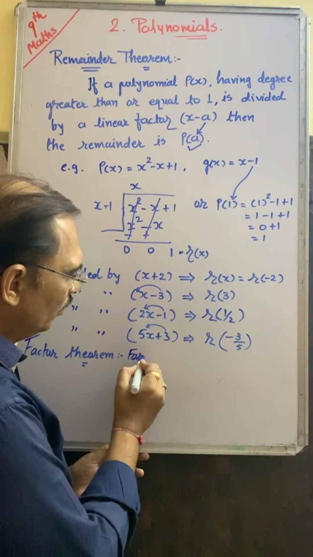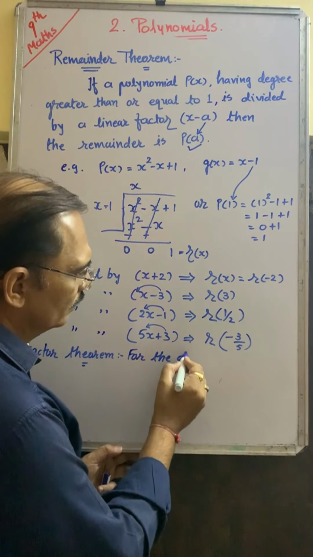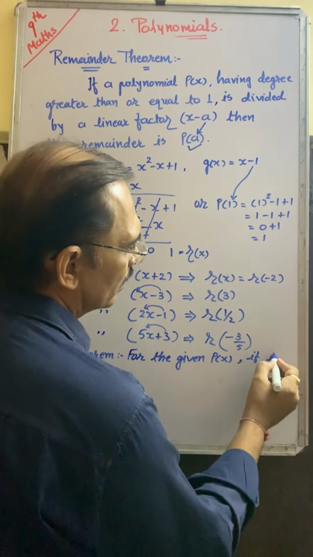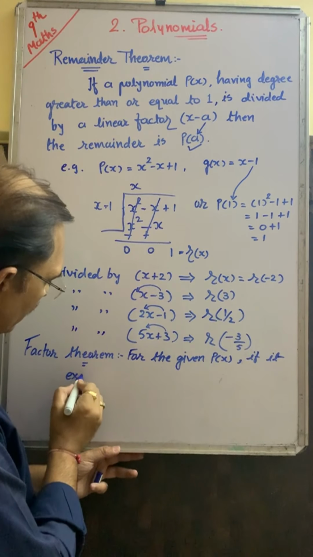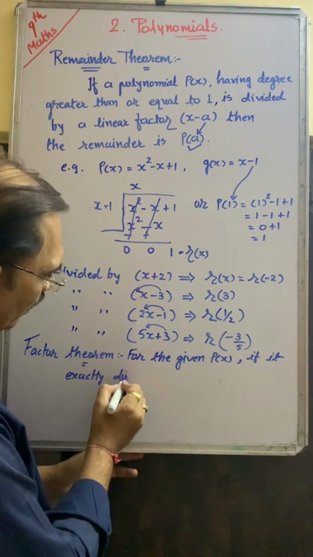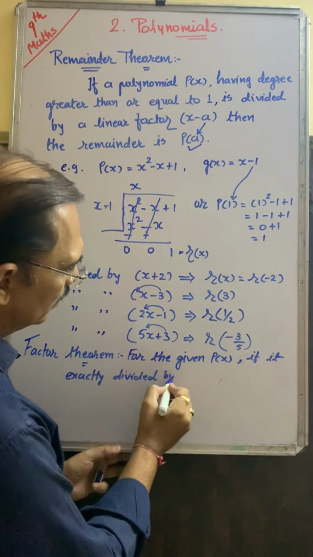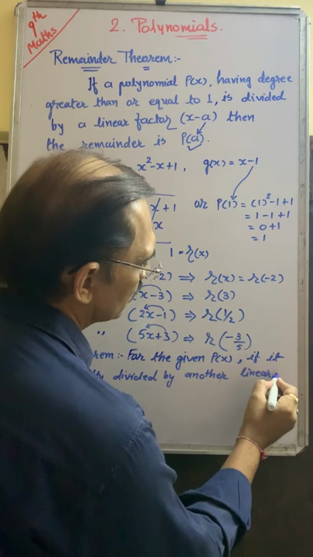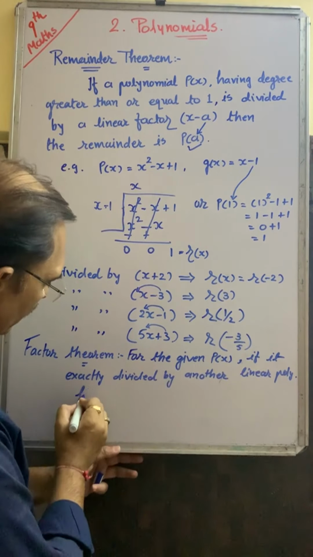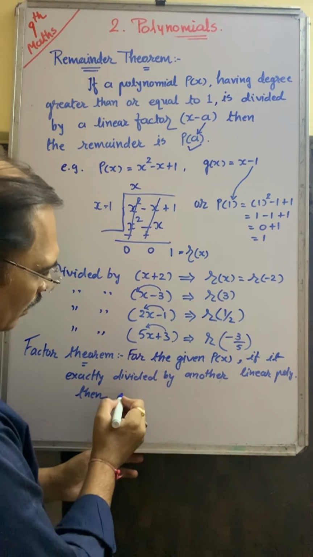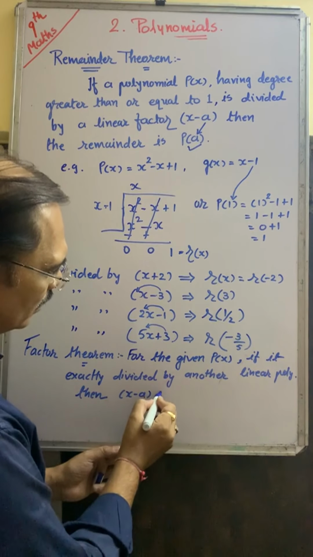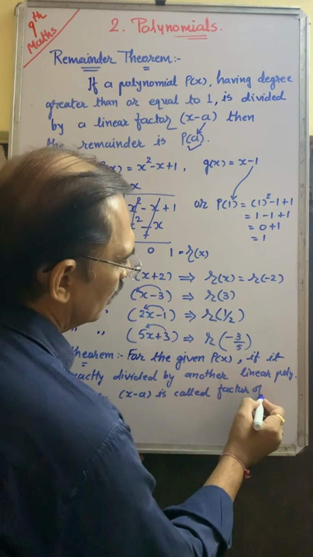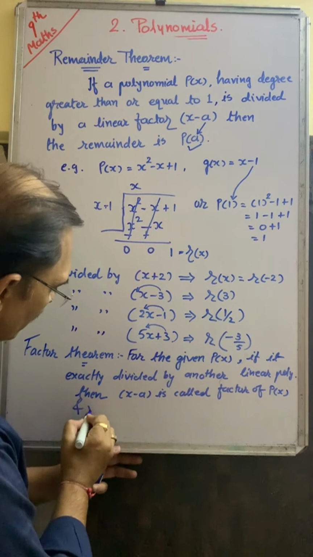Means for the given polynomial, if it is exactly divided by another linear polynomial, then x minus a is called factor of p of x and vice versa.